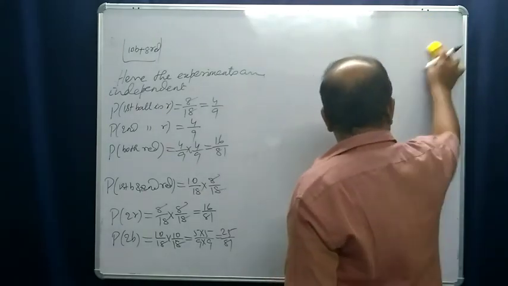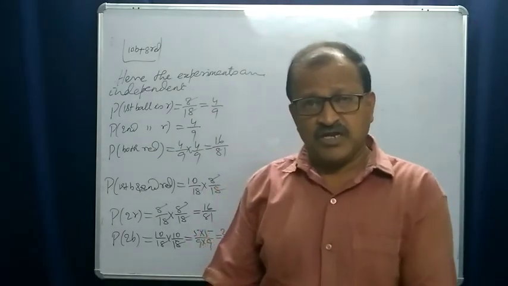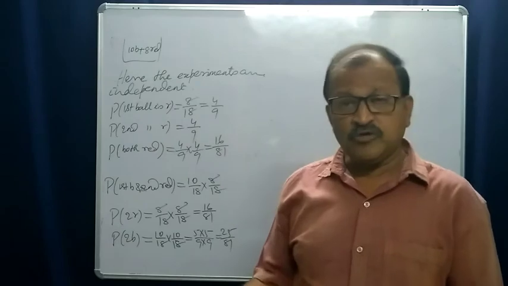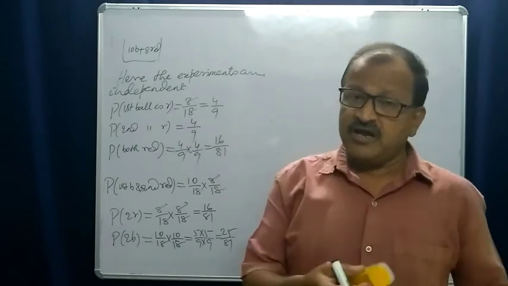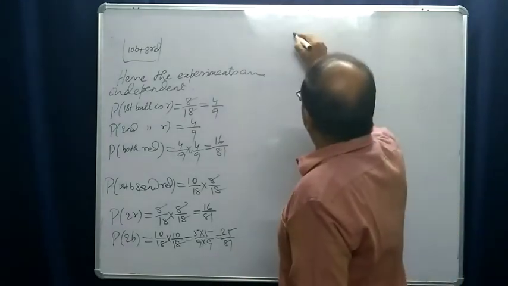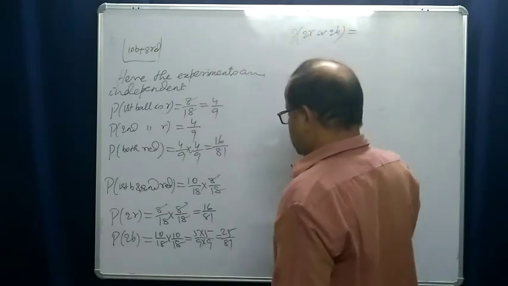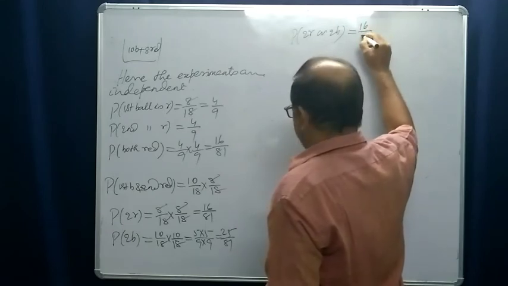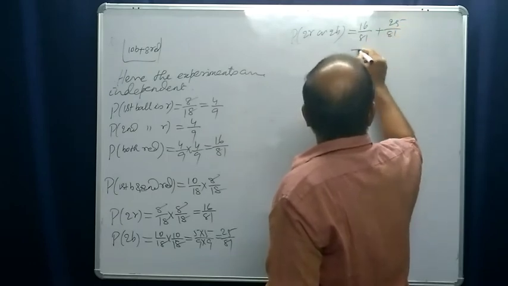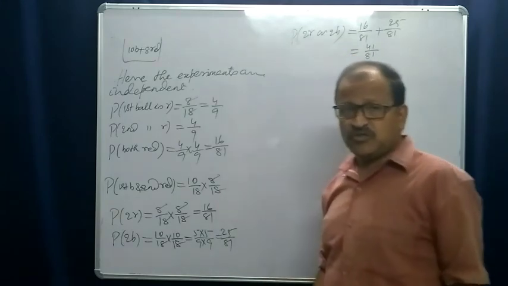Because if both are black, then no question of both being red. Both black is one event, both red is another event. There is no common element between these two. So they are mutually exclusive. So the probability of 2 red or 2 black is the sum of their probabilities, 16 by 81 plus 25 by 81, that is 41 by 81.